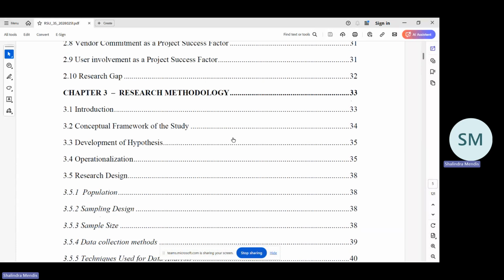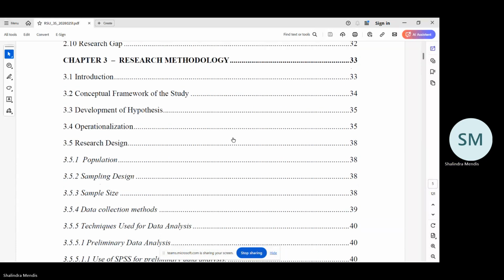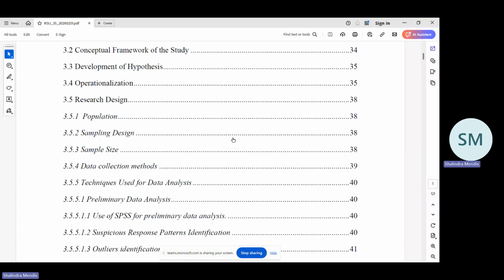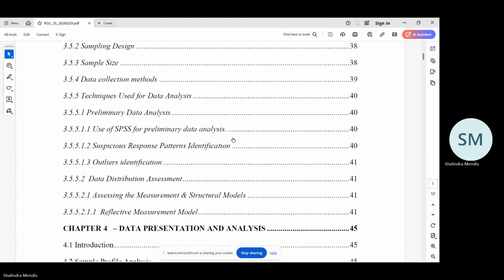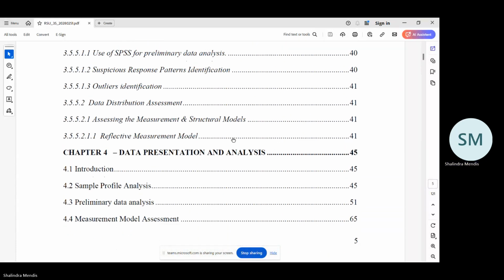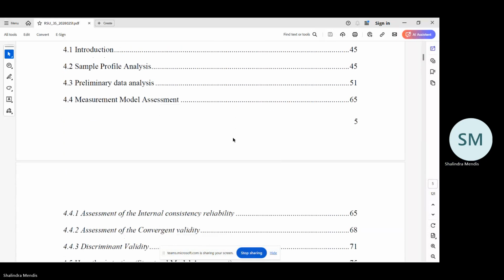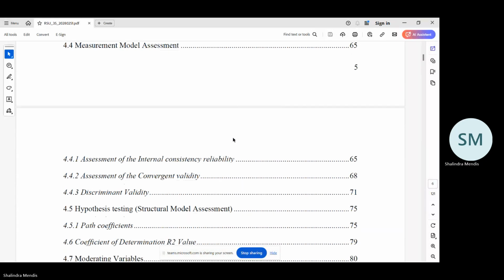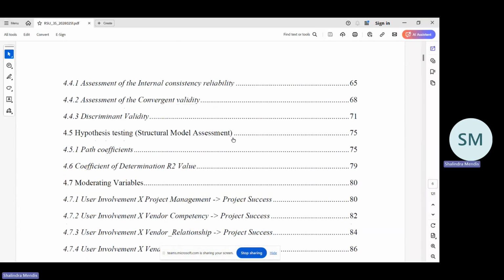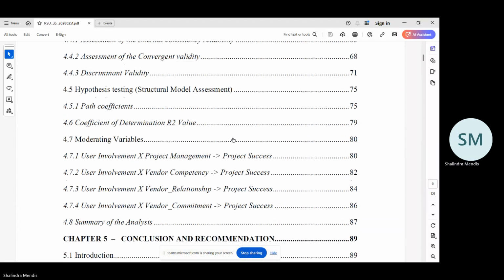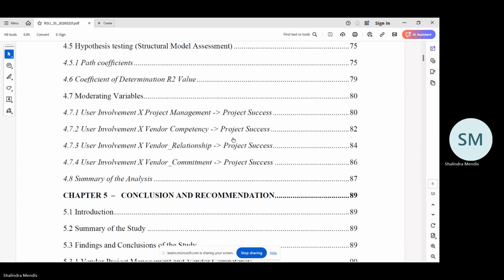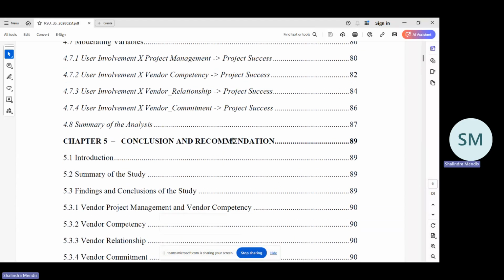Chapter 3, research methodology. Then the data presentation and analysis. Then the conclusion and recommendation.